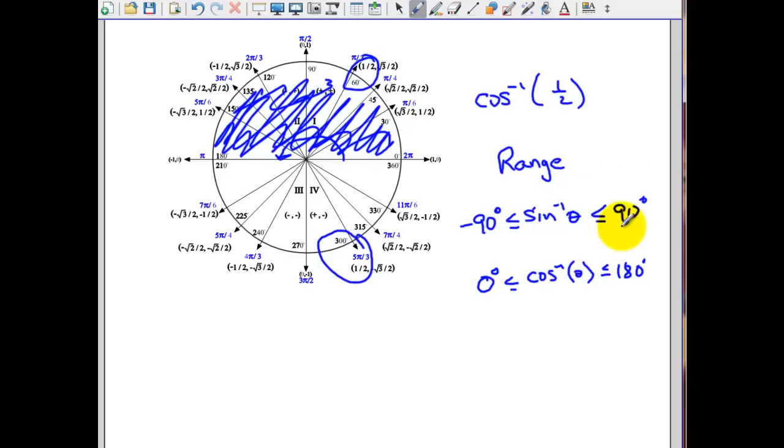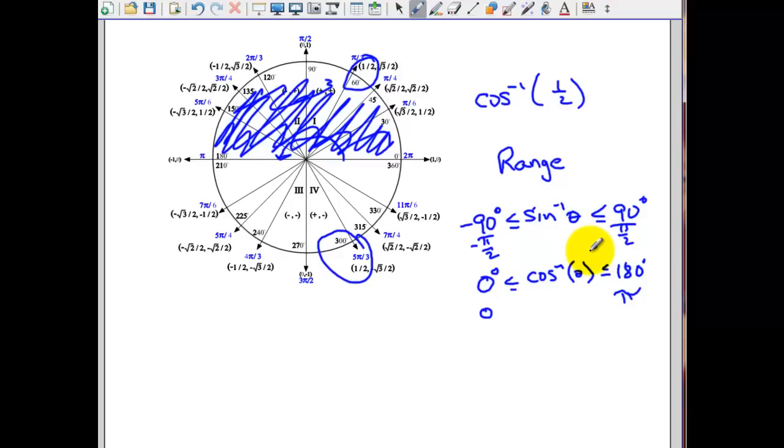And again, in radians, this would be between pi over 2 and negative pi over 2, and radians here between 0 and pi.